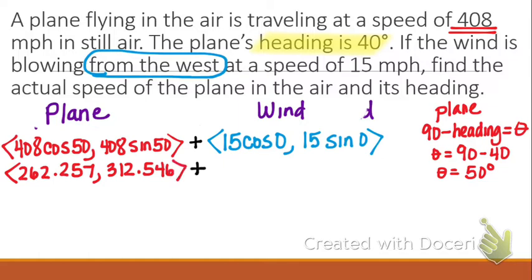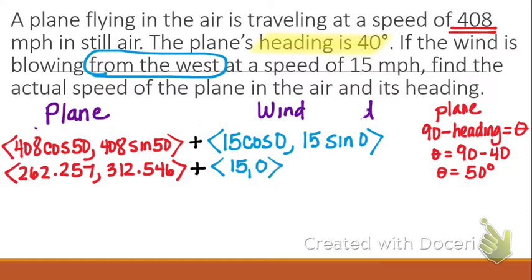And we're going to add that to our wind. So the cosine of 0 is 1. 15 times 1 is 15. And the sine of 0 is 0. And 15 times 0 is 0.